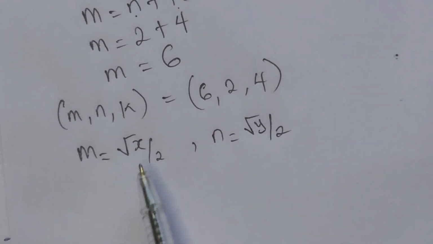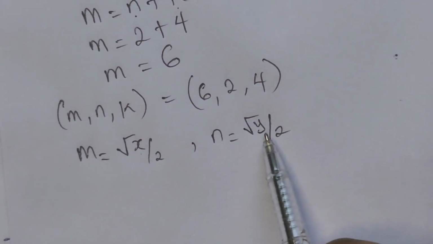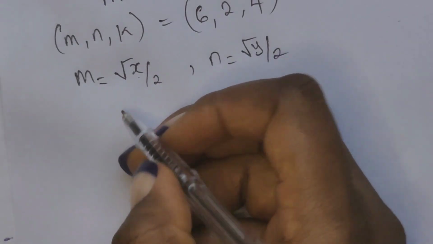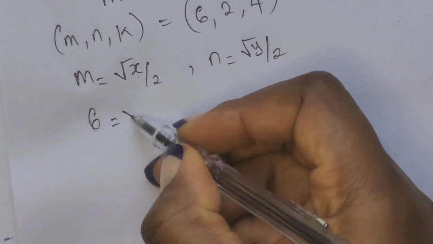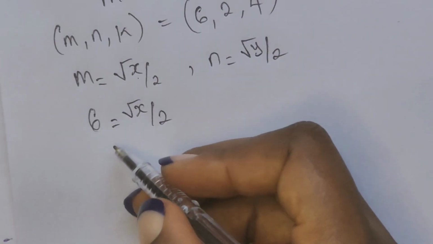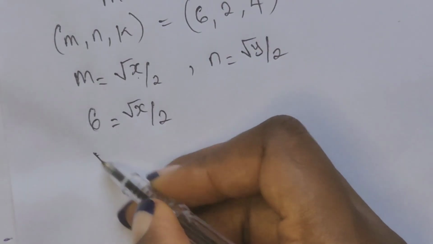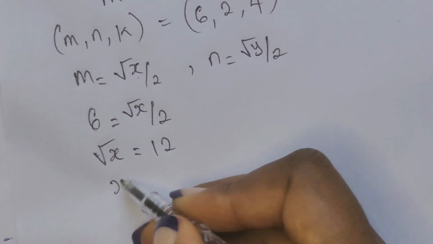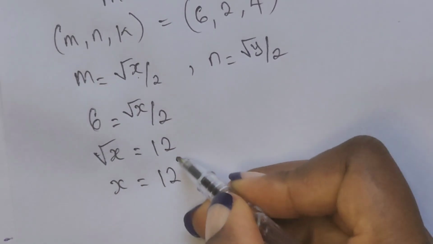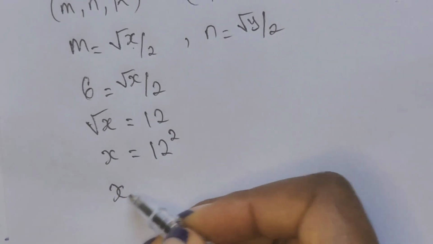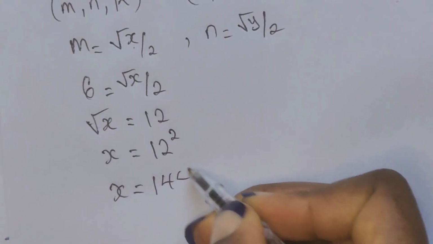So to get the value of x and y, our m is 6. So we have 6 equal to root x over 2. Simply means that root x is equal to 12 and x is equal to 12 to the power of 2. So our x is equal to 144.